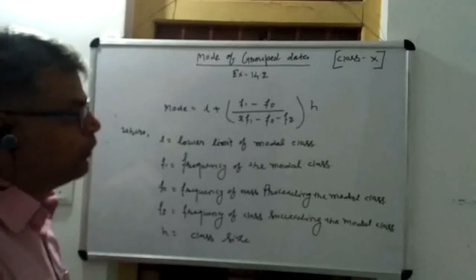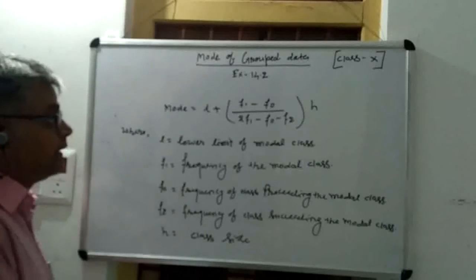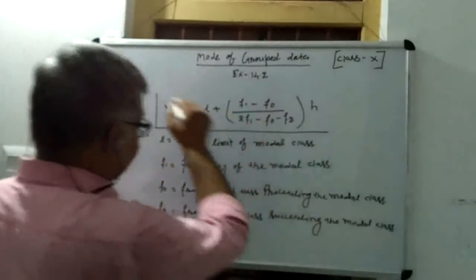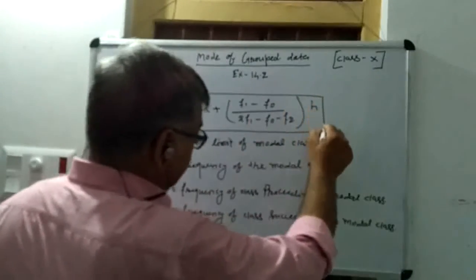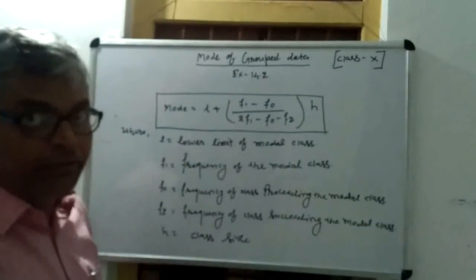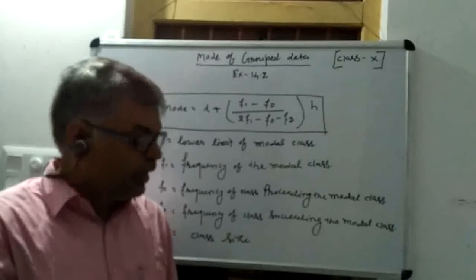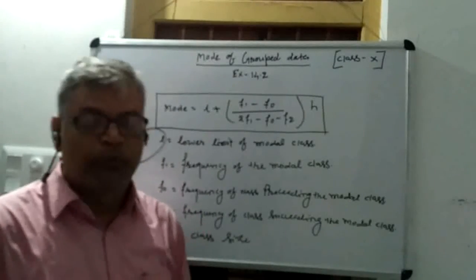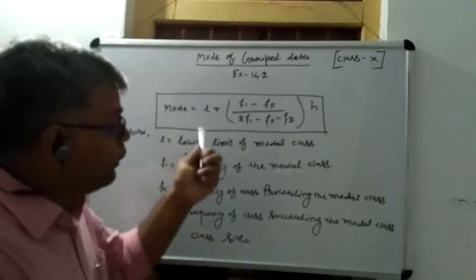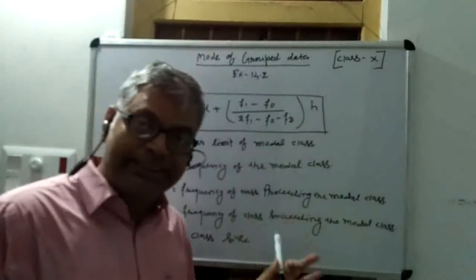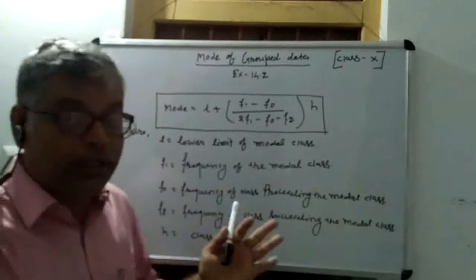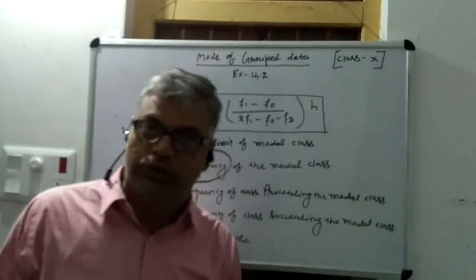So this is the formula, and students, you must remember it. This is very important. In some other books you will see other formulas where some other notations are used for these things. Things are similar, but other notations have been used.